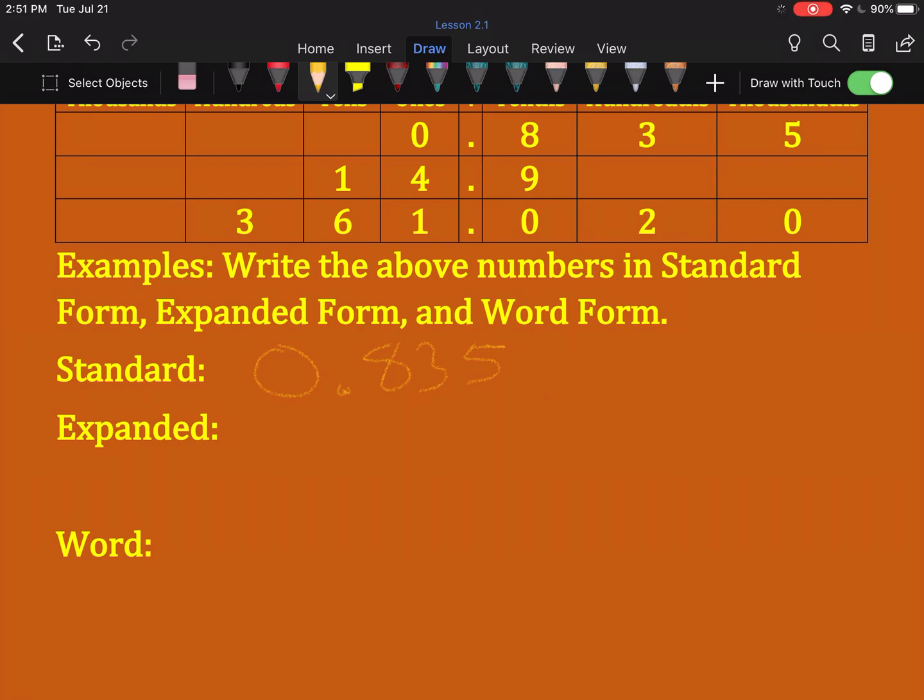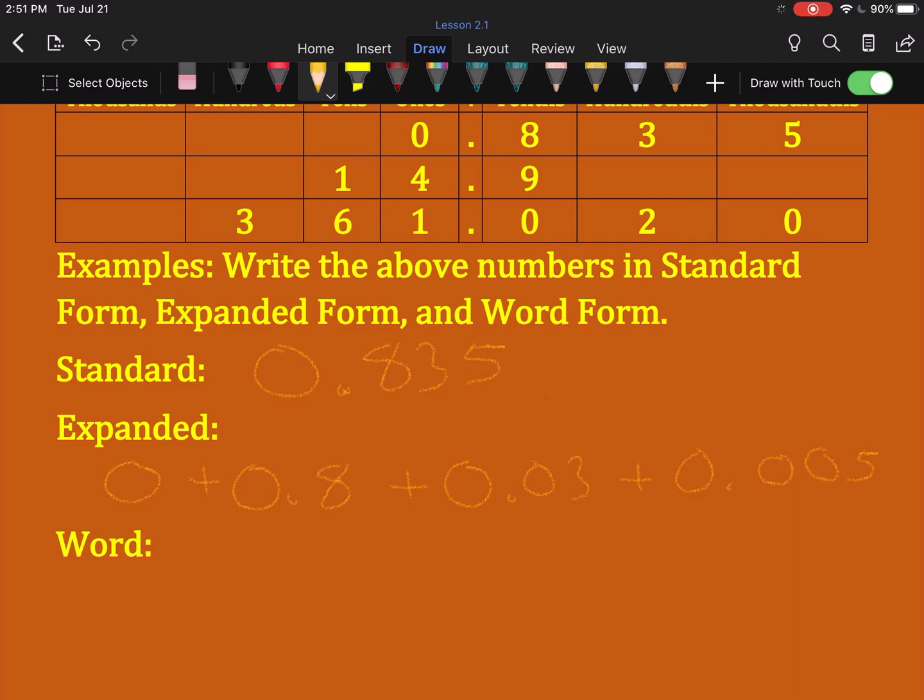Expanded form means you write it out by its place value. So it's going to be 0 plus 0.8, the number in the tenths place, plus 0.03, the number in the hundredths place, plus 0.005, the number in the thousandths place.